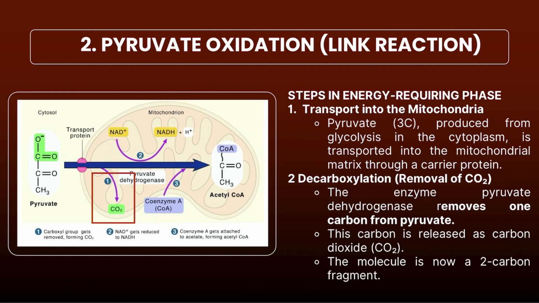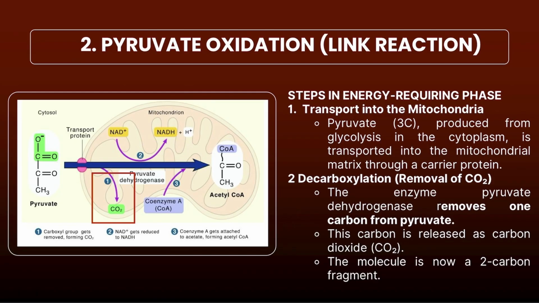So inside the mitochondrial matrix, the enzyme pyruvate dehydrogenase will remove 1 carbon atom from the pyruvate. This carbon is released as carbon dioxide, the first molecule of carbon dioxide that we exhale during respiration.